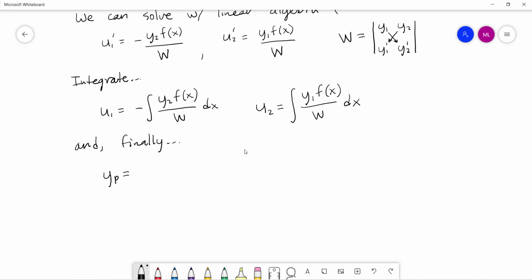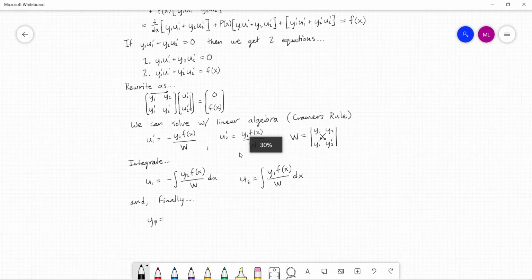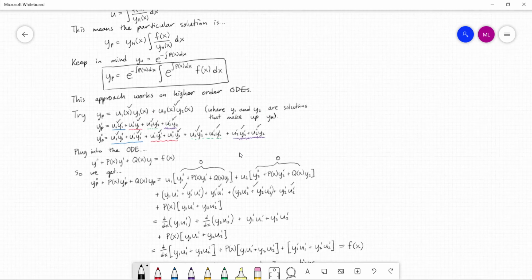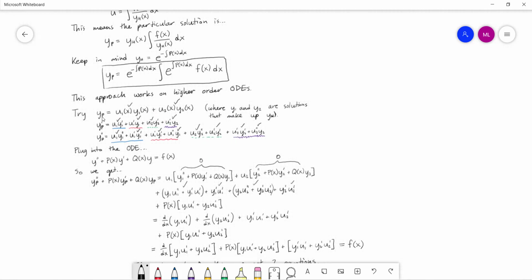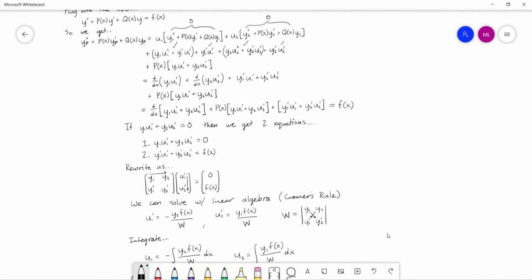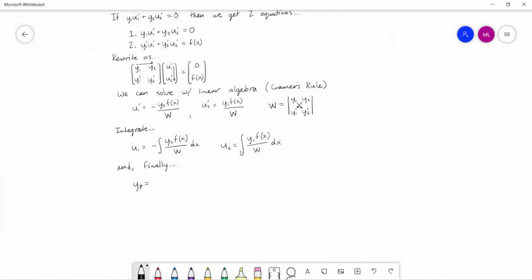y particular, which you'll recall, go way back to where this all came from, our assumption way back at the beginning, right here: y particular is u1 times y1 plus u2 times y2. Well, now we've found u1 and u2, and it's u1 y1 plus u2 y2.